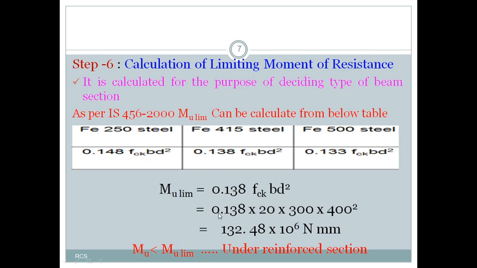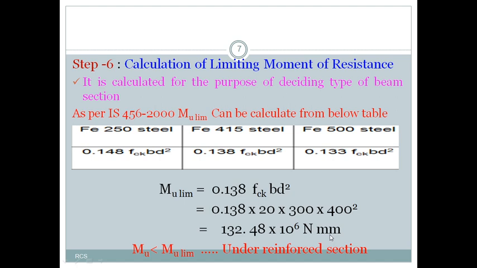Substituting the values: 0.138, here fck, the grade of concrete, is 20, b, the width of the beam, is 300, and the effective depth of the beam we have assumed is 400, so 400 square. If you calculate all these values, you will get the limiting moment of resistance as 132.48 into 10 to the power of 6 Newton mm.